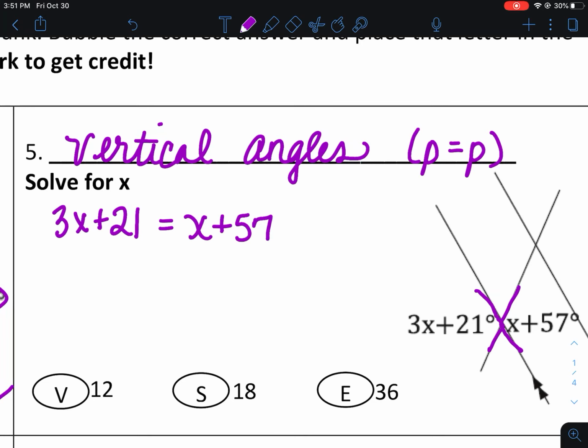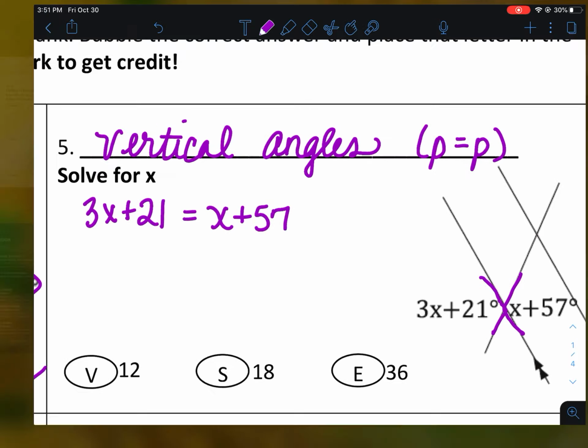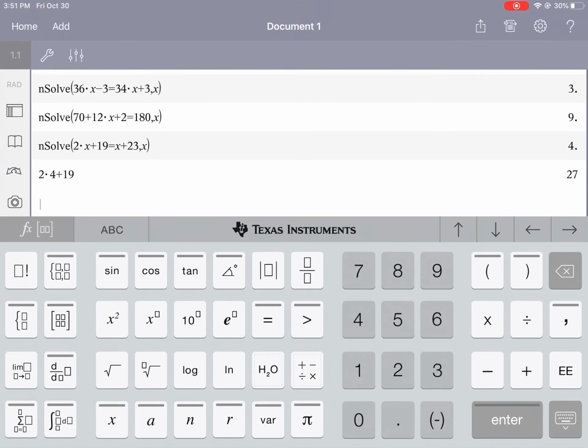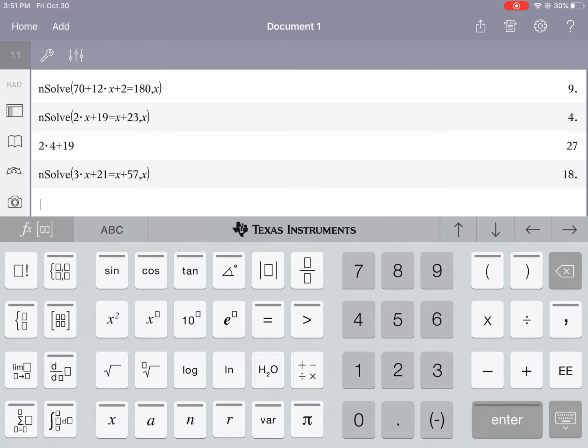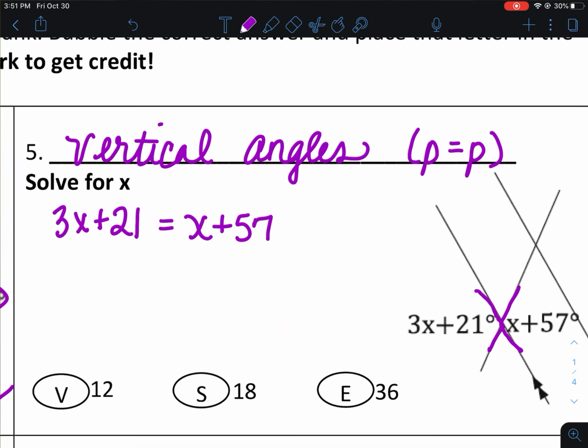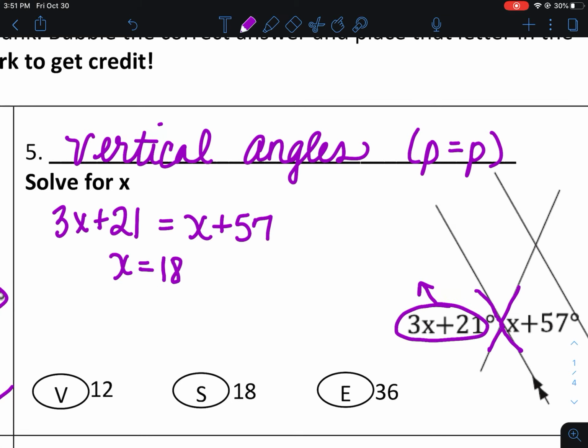All right, so now we need to, again, solve for x, so we can go back over to our Inspire app. And we get 18. So x equals 18, and I'm going to go ahead and plug it in over here.